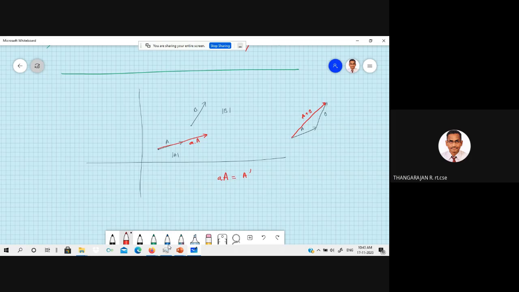When you multiply a vector with a number, the vector is scaled. If a is less than 1, then the vector will shrink. You can elongate the vector or shrink the vector by multiplying it by a scalar.